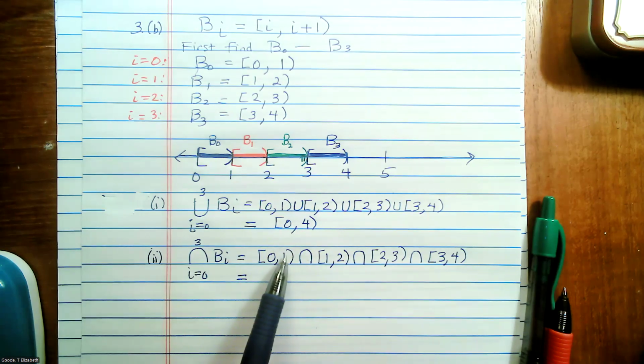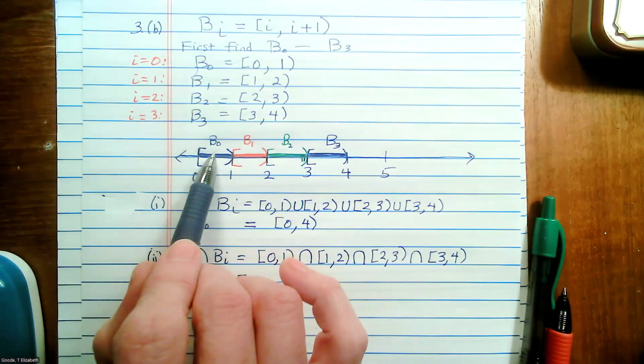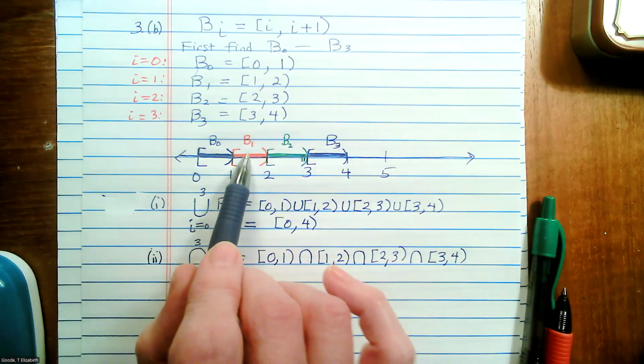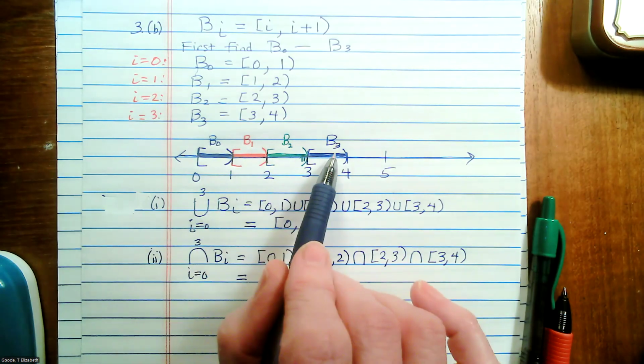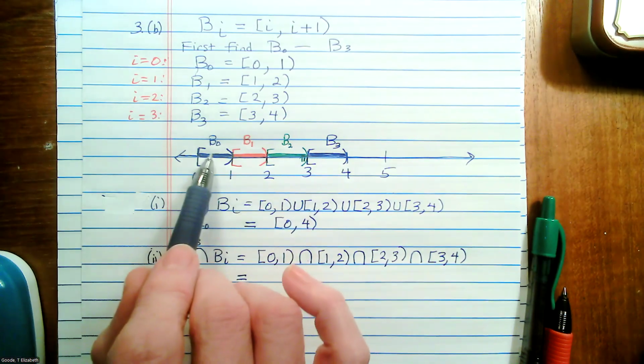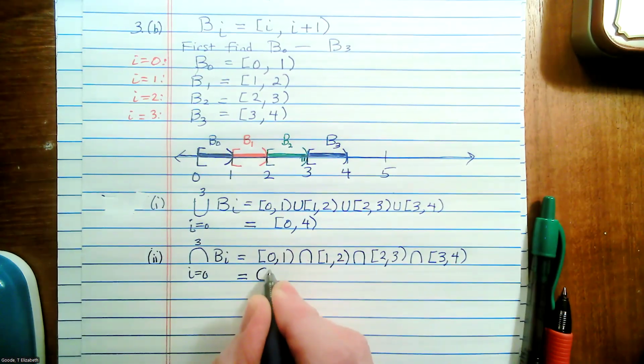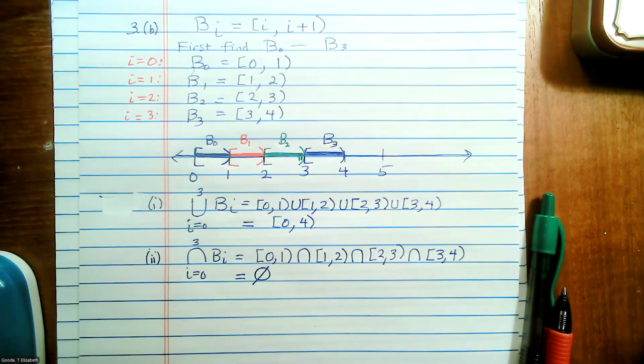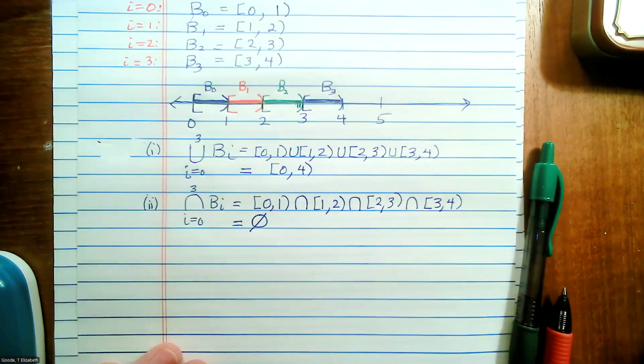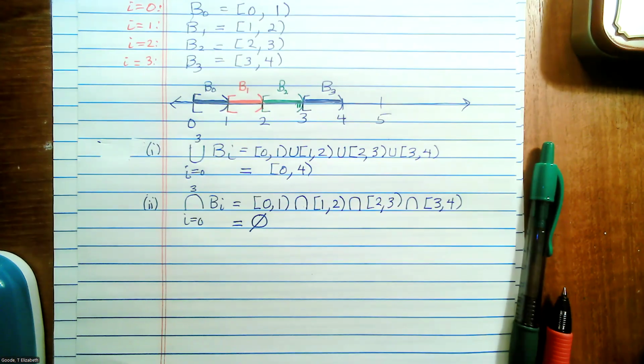But now we're looking for an x that is in B0 and it's got to be in B1 and it's got to be in B2 and it's got to be in B3. Is there any x that is in all 4 of those? No, they're disjoint. They're pairwise disjoint sets. See, snuck up on you.